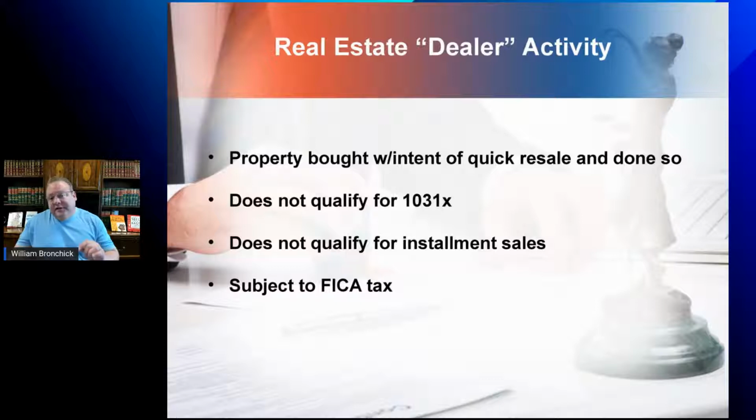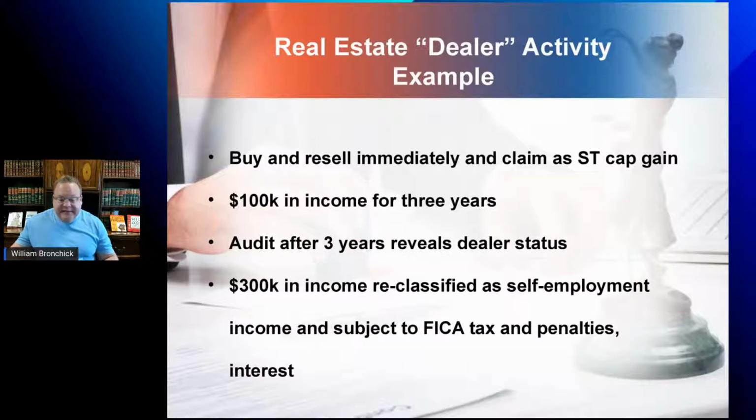So if you're an individual and you did a short-term capital gain reporting on Schedule D, which is not subject to FICA tax, and then the IRS audits you and says, no, we're going to put that on Schedule C as ordinary income, that could be problematic. Let me give you an example. Let's say you buy and sell immediately and claim it as a short-term capital gain, and you do it a lot.